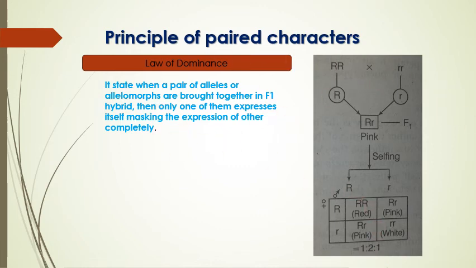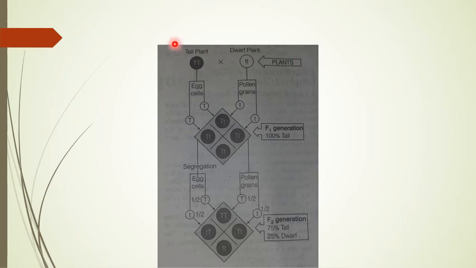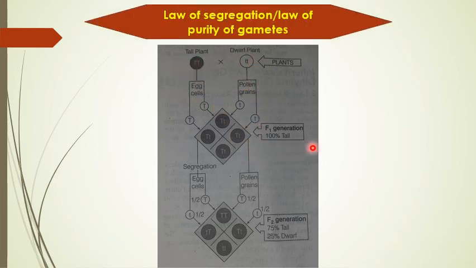The second law is the law of segregation. It means the separation of gametes from parent to offspring. This process is known as segregation of genes. For example, take a tall plant and a dwarf plant. They produce eggs and pollen grains, and are cross-pollinated and give 100% tall in the first generation.